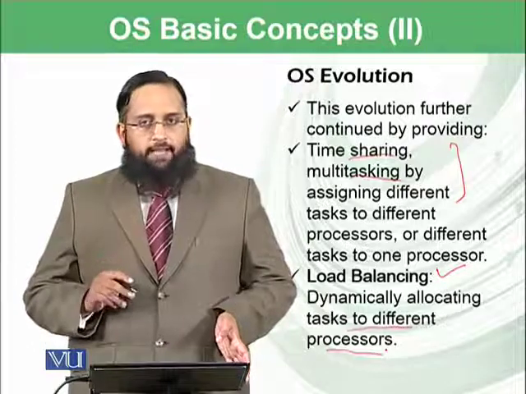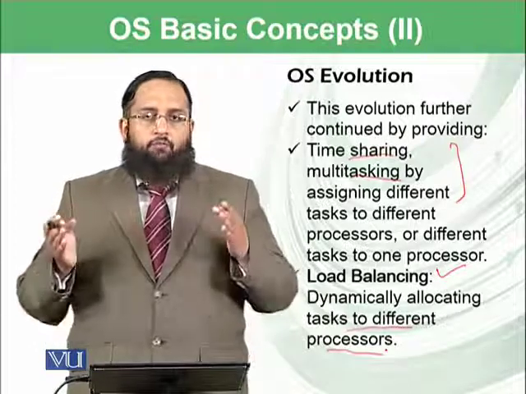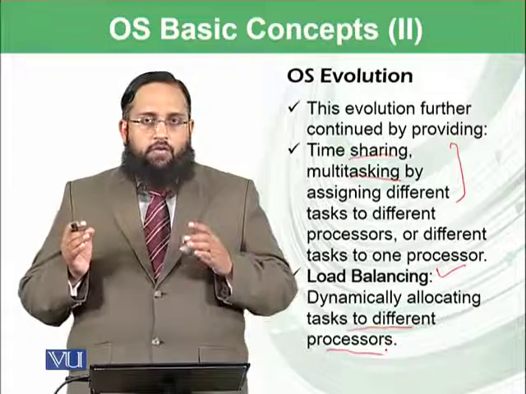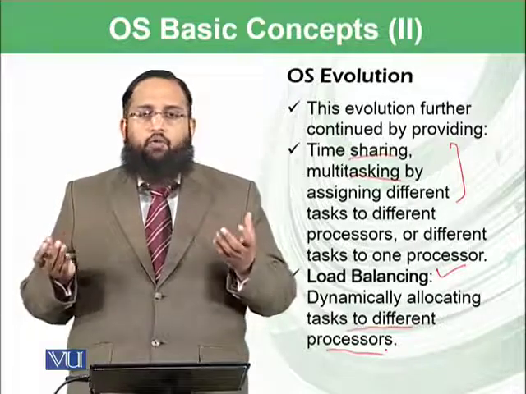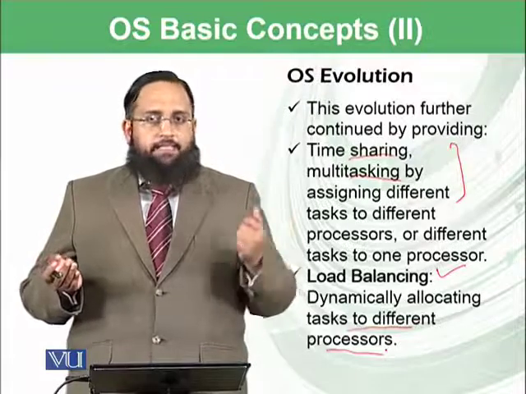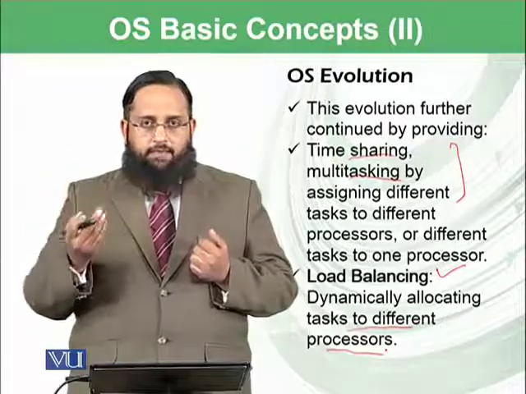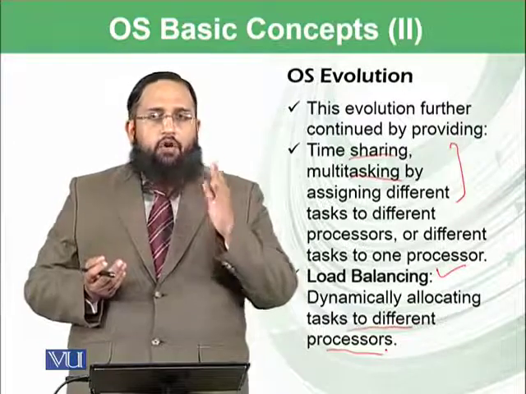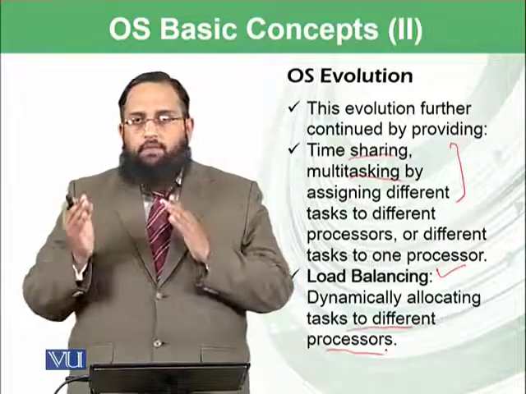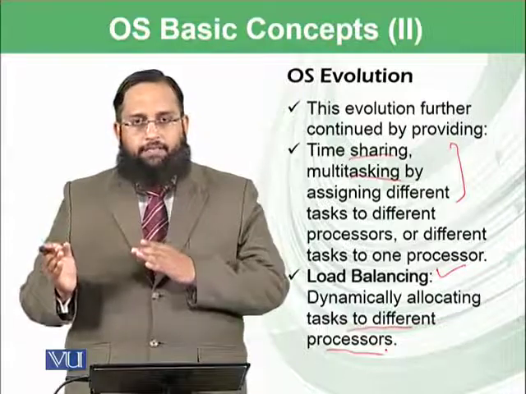For example, if there are 1000 processors, some of them are idle, which means they are not doing any work, and some of them are busy. If a new job comes, that job is going to be assigned to those processors which are idle.